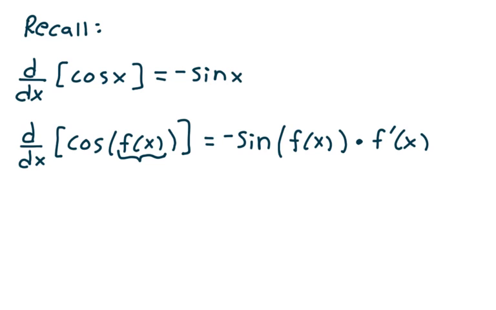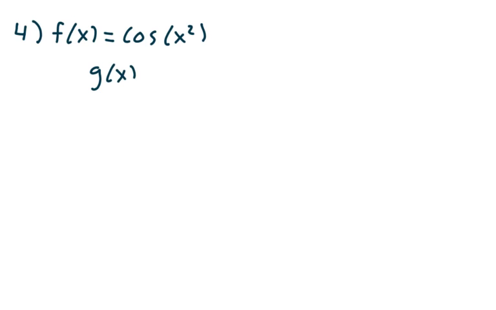You can think of this as like peeling an onion, so to speak. So if we take a look at example 4, suppose I'm given f of x is equal to cosine of x squared. My g of x is x squared. That's the inside function. If I take the derivative of x squared with respect to x, I get 2x.